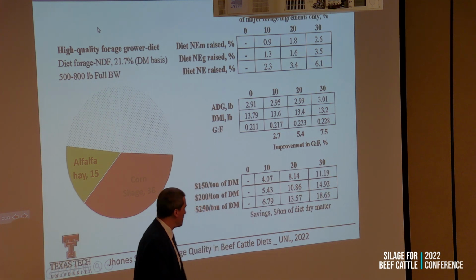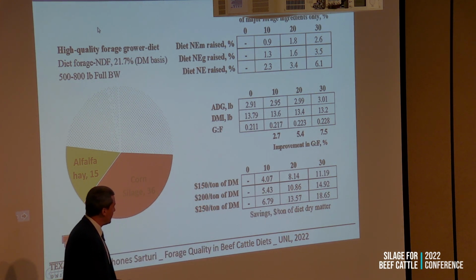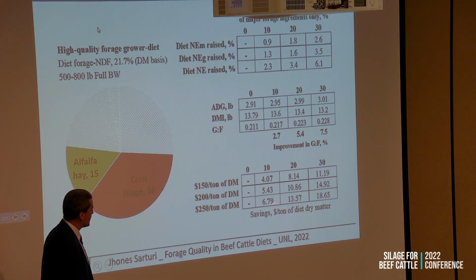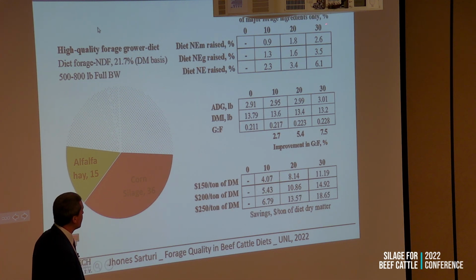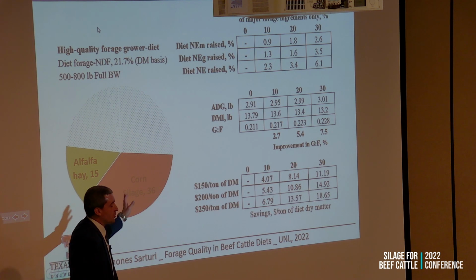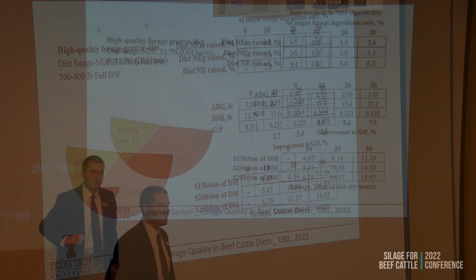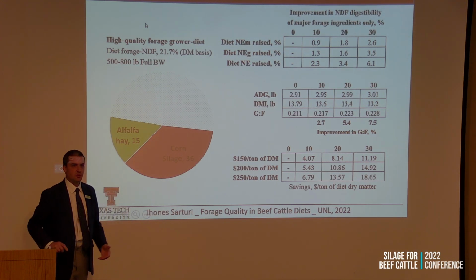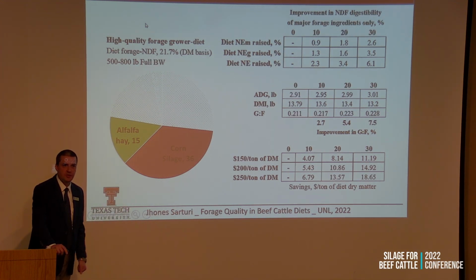So it would bring savings of this magnitude, $7 to $18 per ton of dry matter, if we can get all that improvement. Perhaps on the grower diet, we see these animals respond very well to a greater quality of the fiber, so those things are very popular.